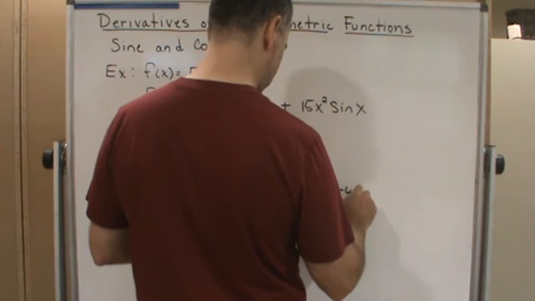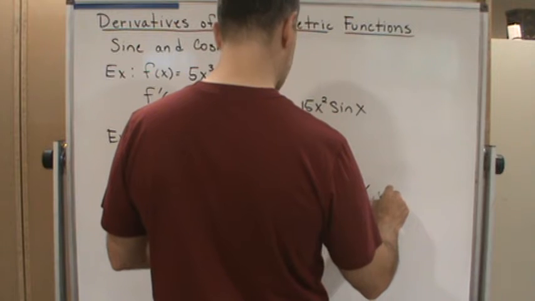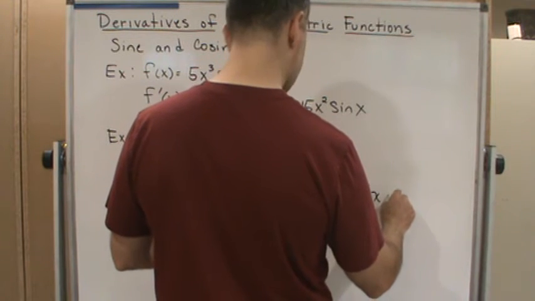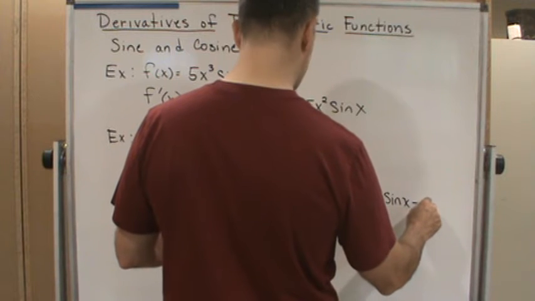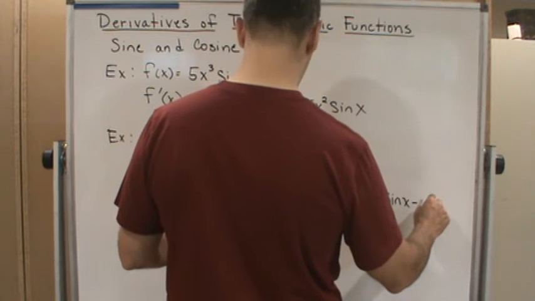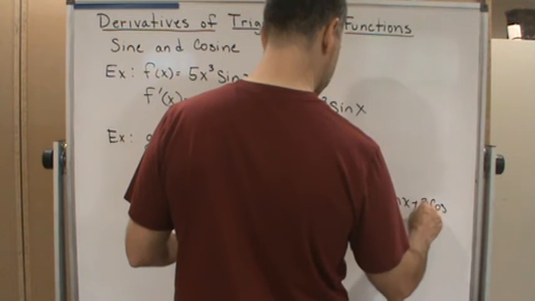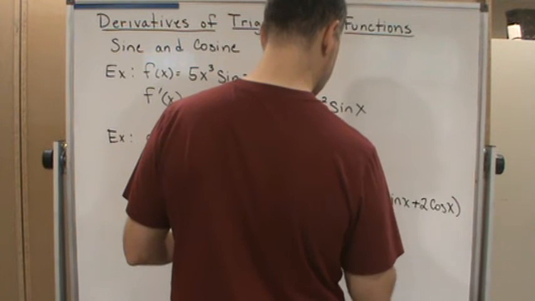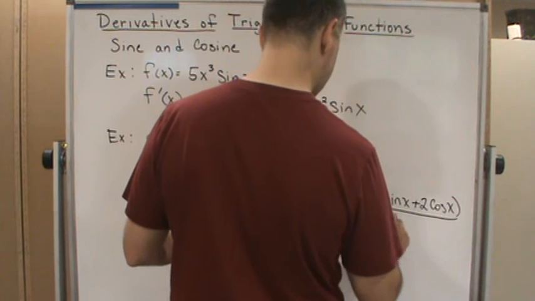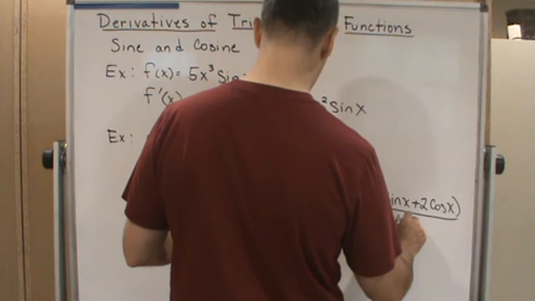So negative 4x is going to give me x sine x minus 2, plus cosine x over 4x.